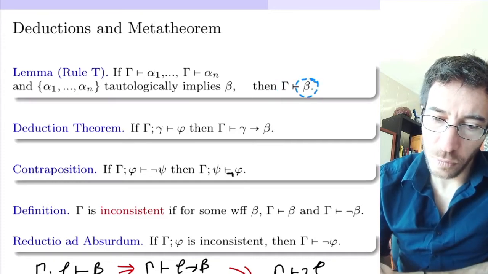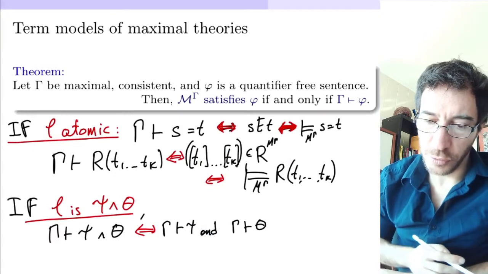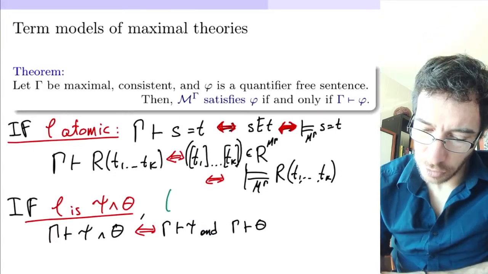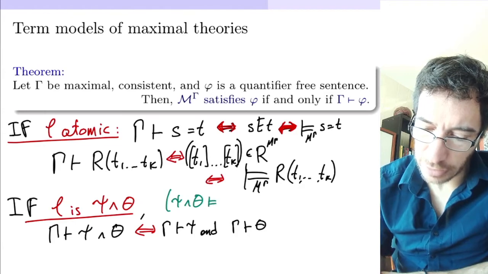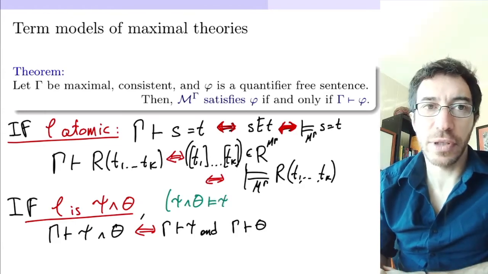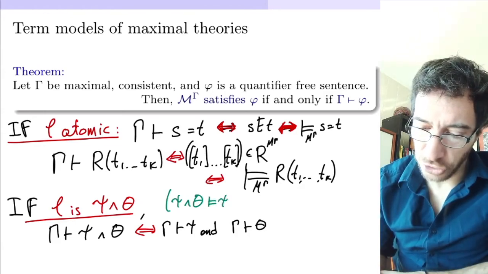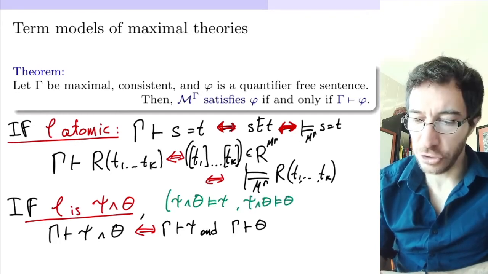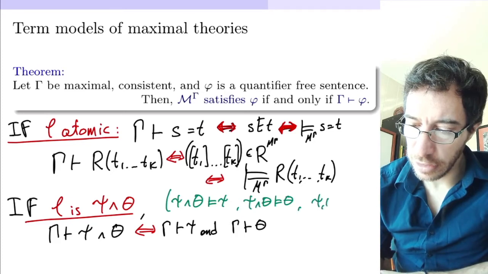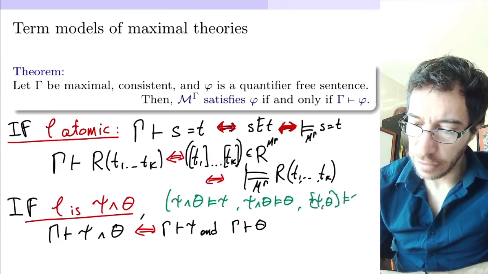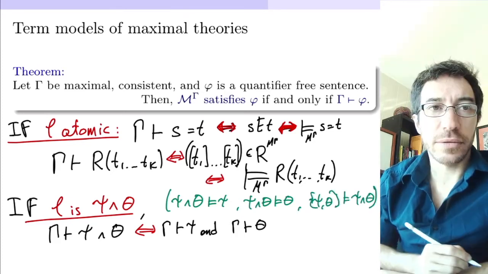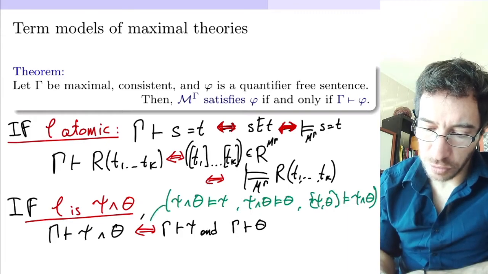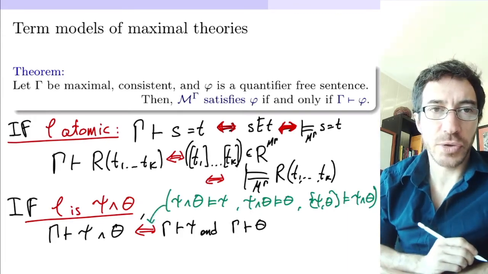And why is that useful? Well, because we know on the side that psi and theta tautologically imply psi, right? If you have psi and theta true, then psi is true. And also psi and theta tautologically imply theta, and psi and theta together tautologically imply psi and theta. So all of those are used right here to get that those two are equivalent.